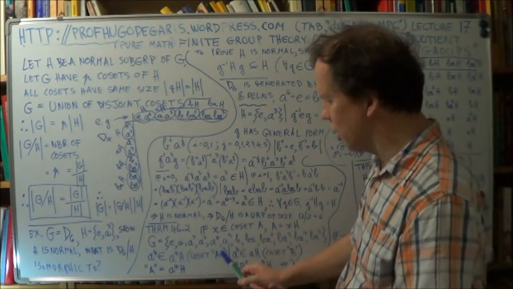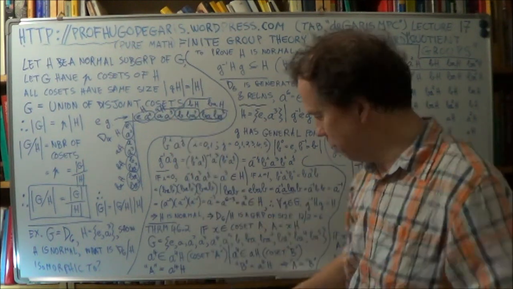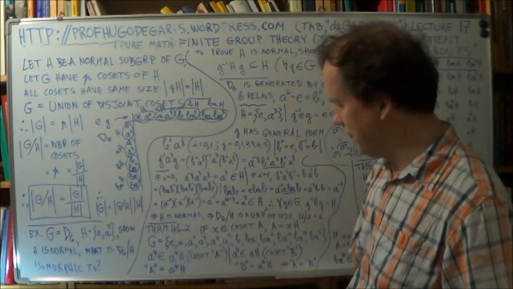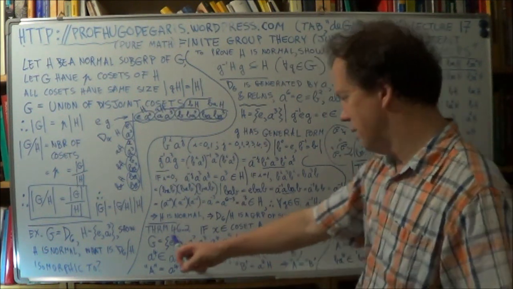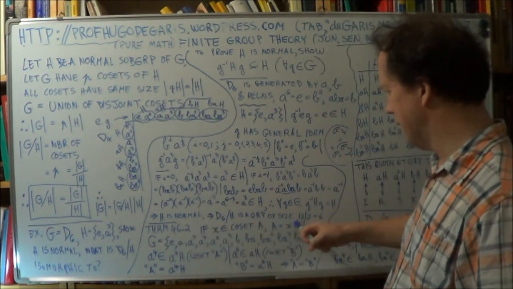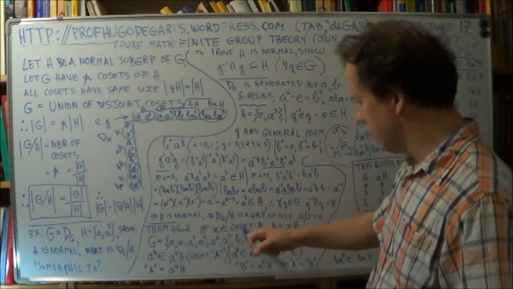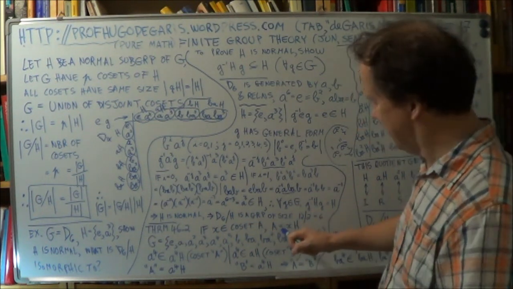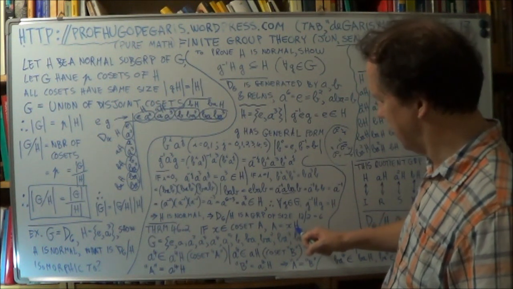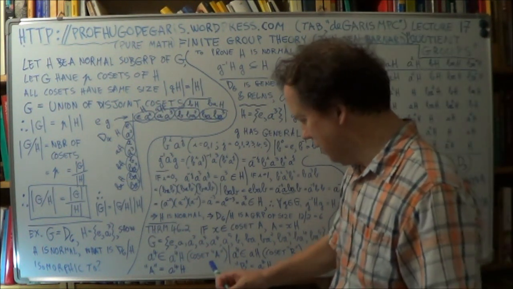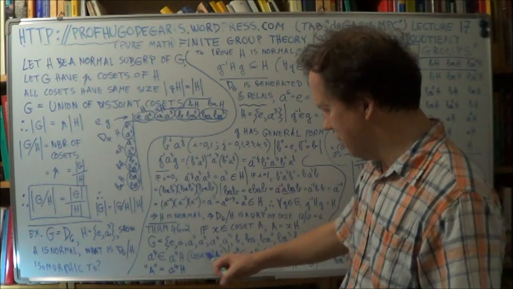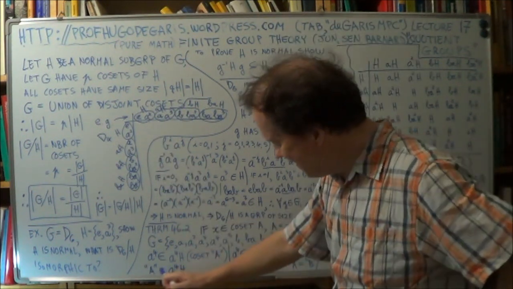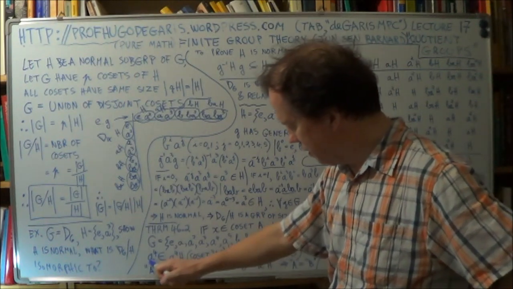Call that coset A, in quotes. Now, by theorem 46 second part, if X belongs to a coset, that coset is equal to XH. So this coset A, in quotes, is equal to XH, in this case a to the fourth H.